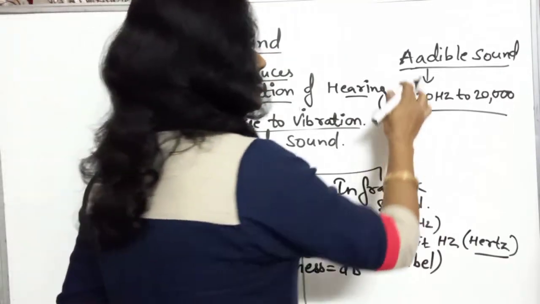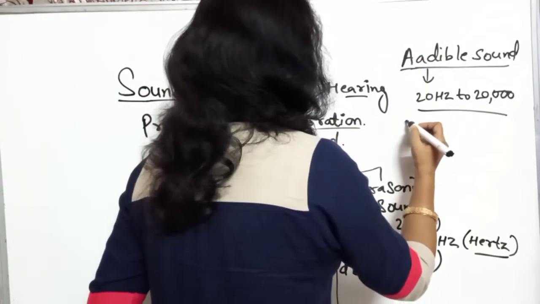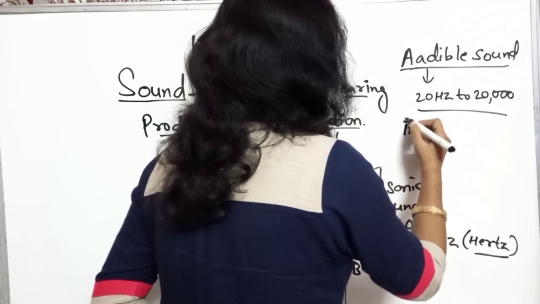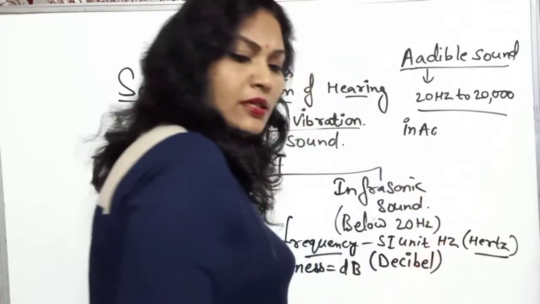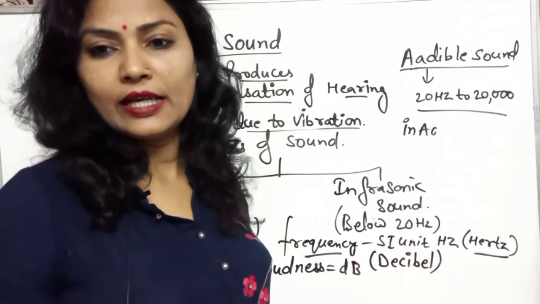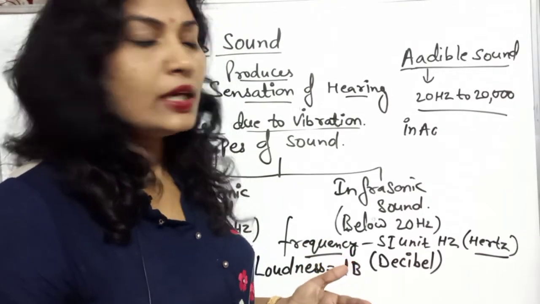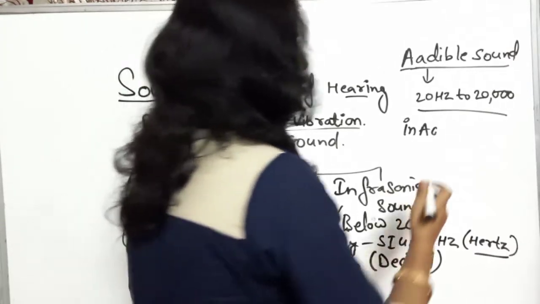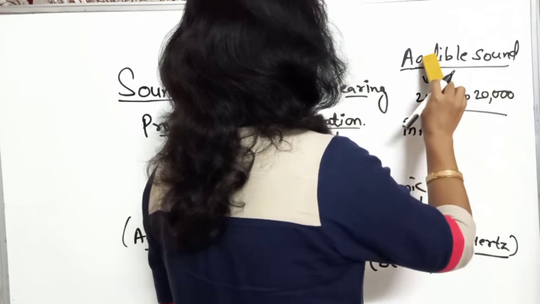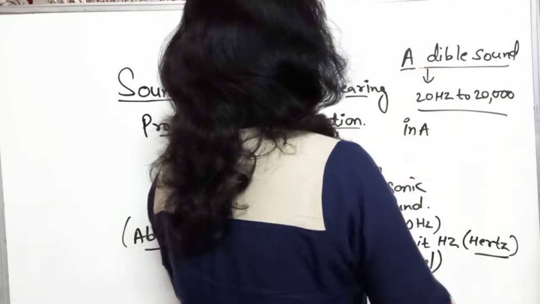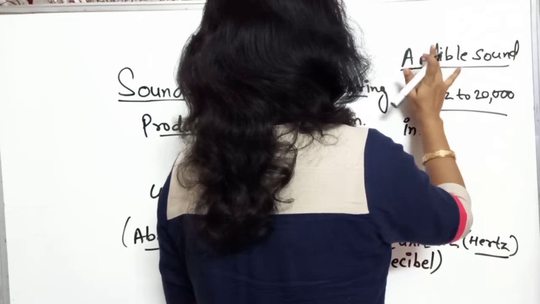This is the audible sound. If you take the inaudible, inaudible means which we cannot hear. It means the sound which we are not able to hear, so that is inaudible. Audible sound and inaudible sound.